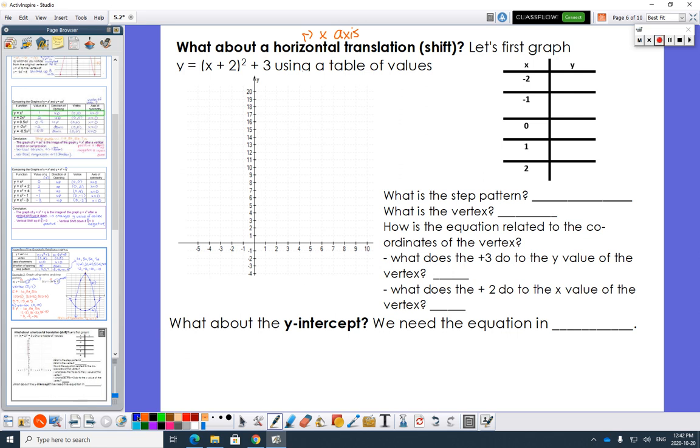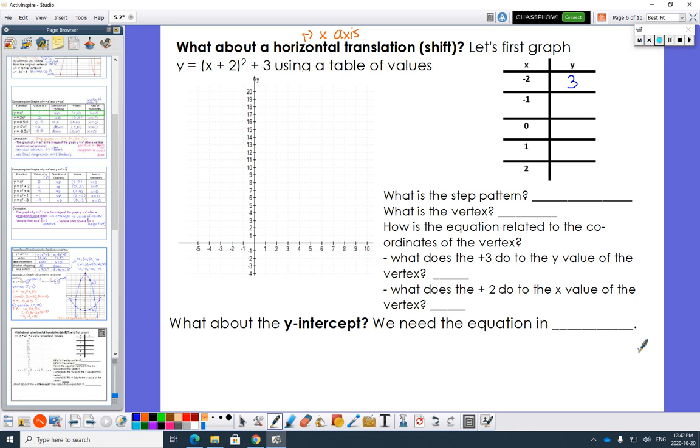So when you do the table of values, again, you're plugging this in wherever there's an x. So negative 2 plus 2 is 0, squared is 0, plus 3 is 3.